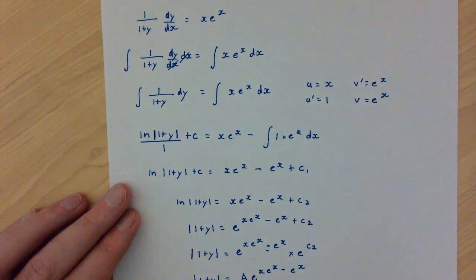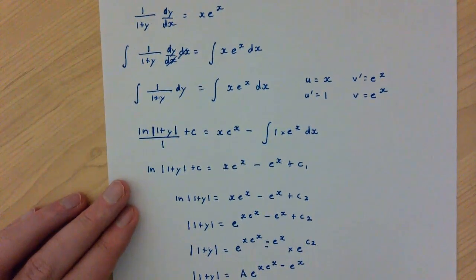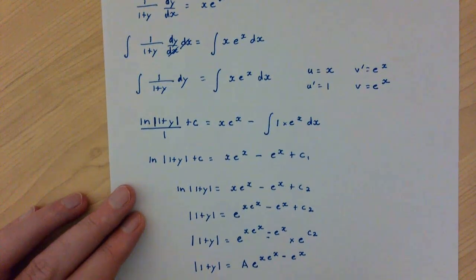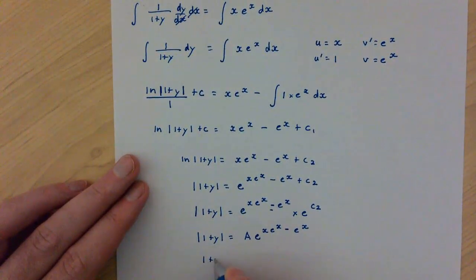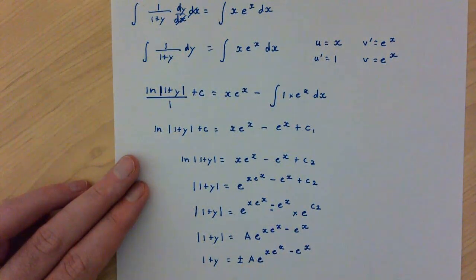Now to rearrange for y, I need to make the right hand side plus or minus. So it will be 1 plus y is equal to plus or minus a e to the power of x, e to the power of x, minus e to the power of x. Now, because we've got plus or minus, that can just get absorbed into the constant.